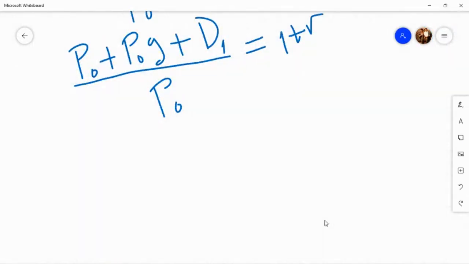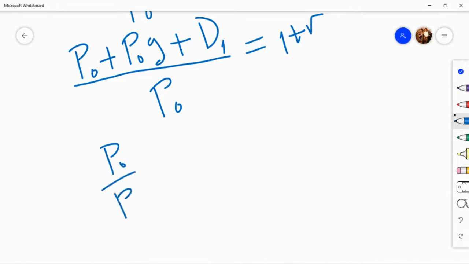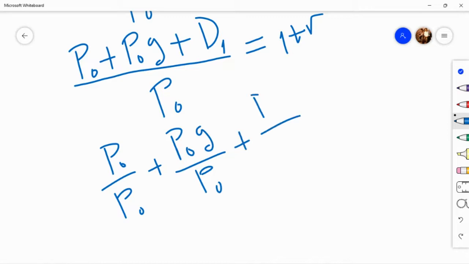And think about it. We can all break this up, right? P is P0 over P0 plus P0G over P0 plus D1 over P0. That's what 1 plus R is. The 1 plus R is the gross growth rate, right? This is 1, right?